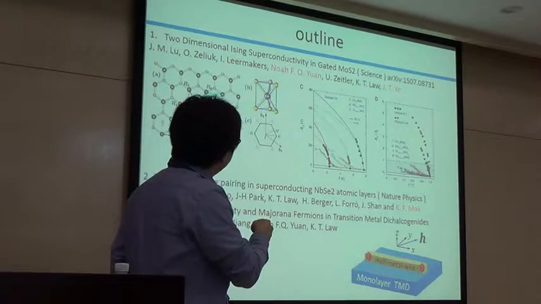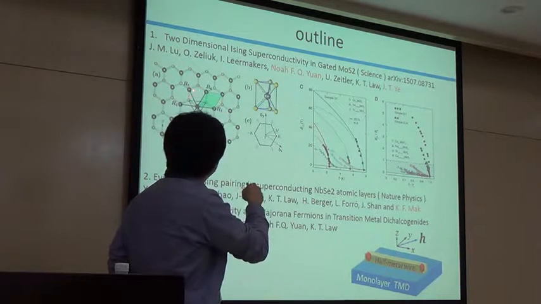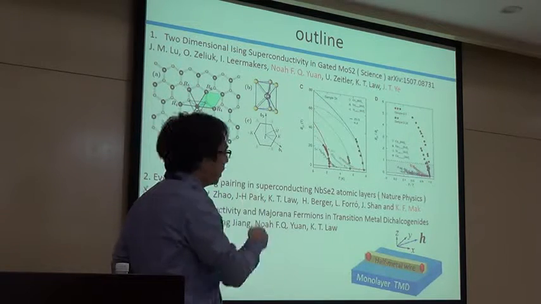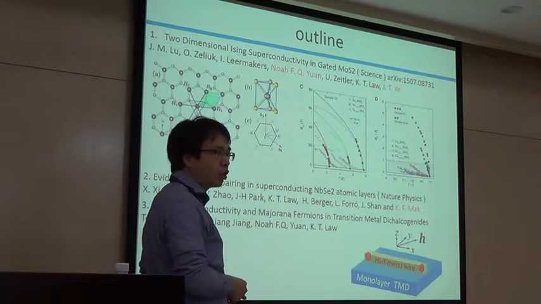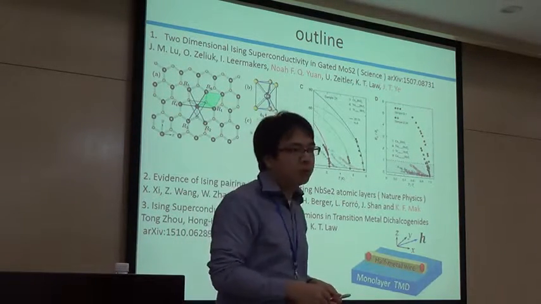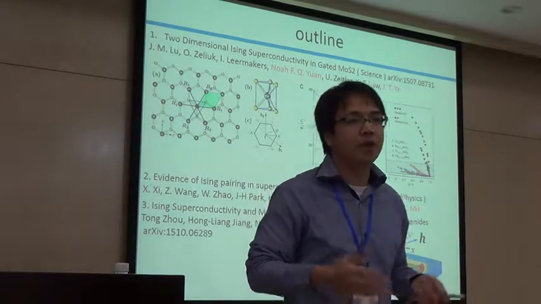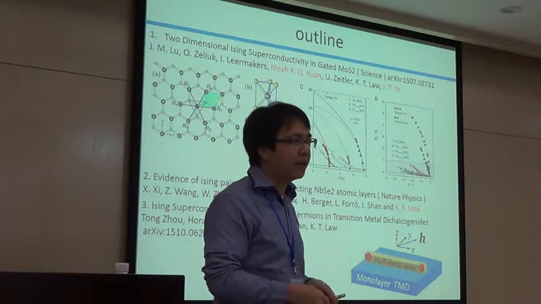But for this material, if you look at it from the top, it seems like just a graphene-type honeycomb lattice structure. Graphene has been a very popular material in the past decade.